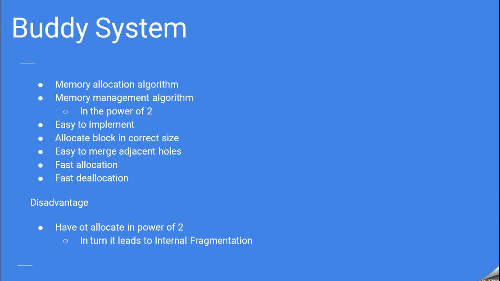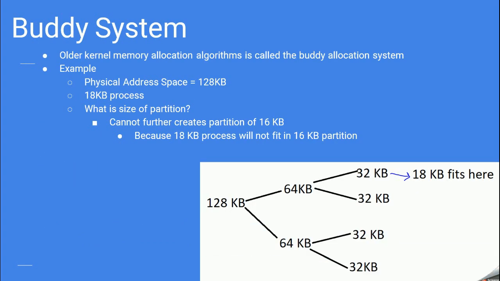That is called internal fragmentation. So this is just an example. The buddy system is an older kernel memory allocation algorithm where we allocate the memory in powers of 2. For example, if we have a physical address space of 128 KB and we want to allocate an 18 KB process in that physical address space, how do we do that?